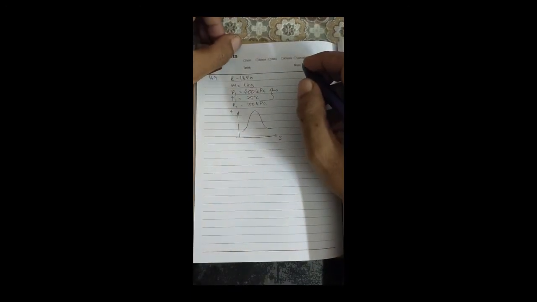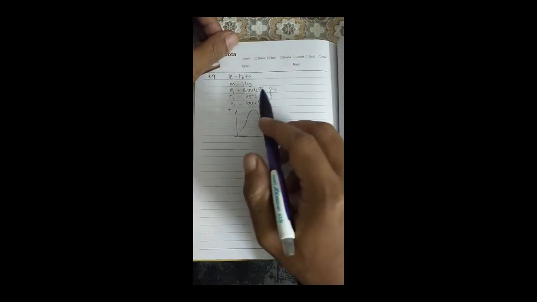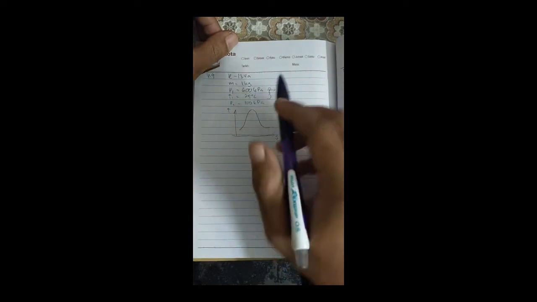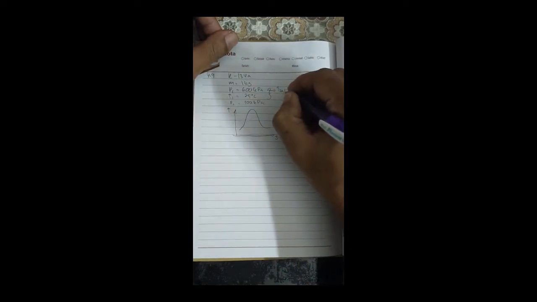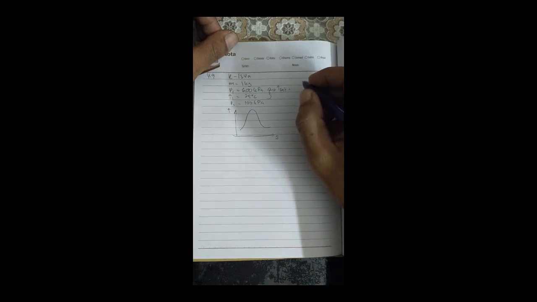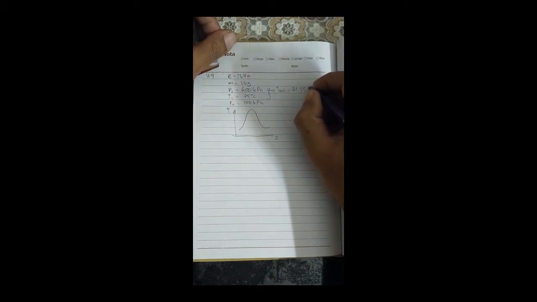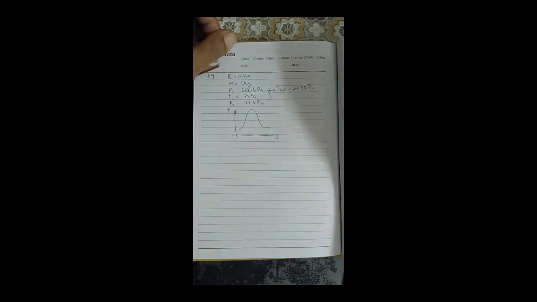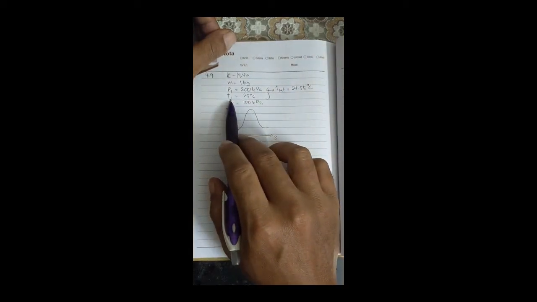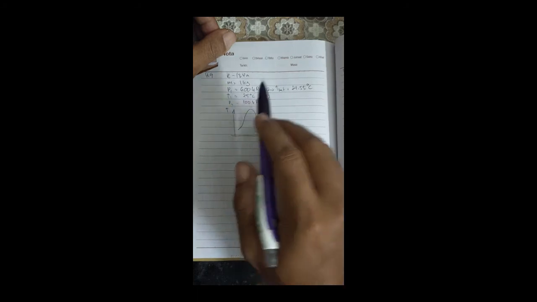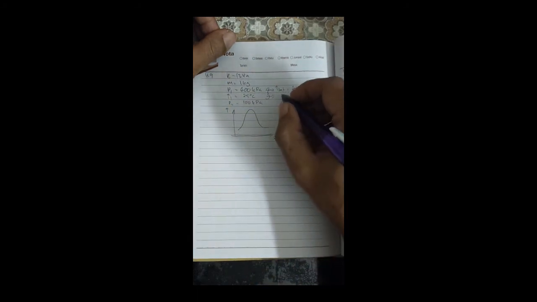By referring to table A-12, you know that at 600 kPa, Tsat is 25.55 degrees Celsius. Which means that T1 is 25, so it goes to superheated.